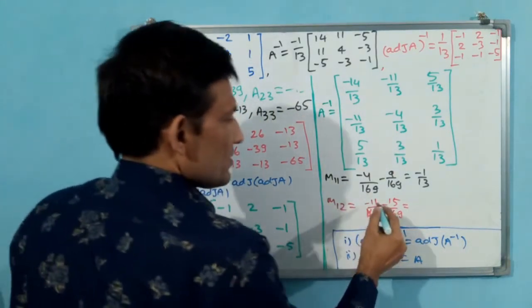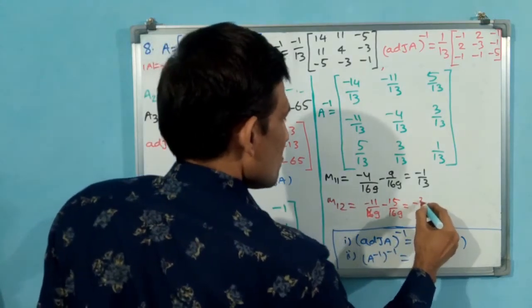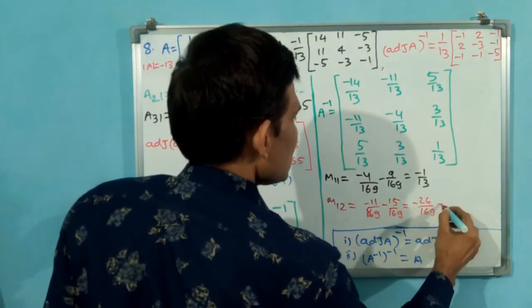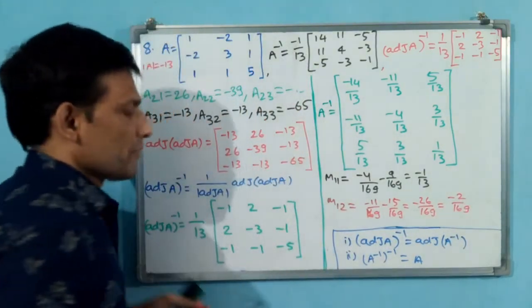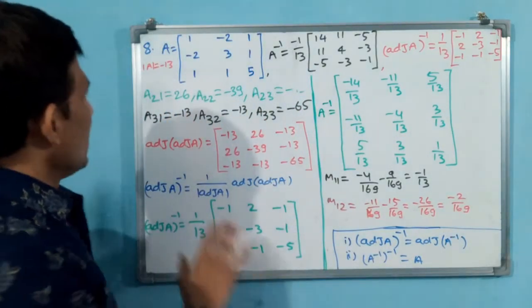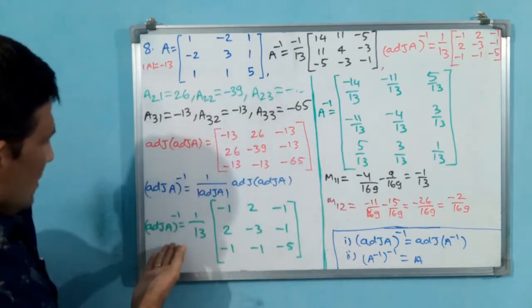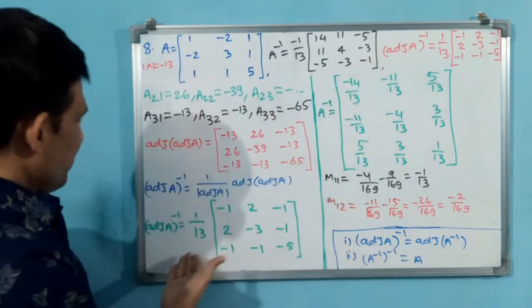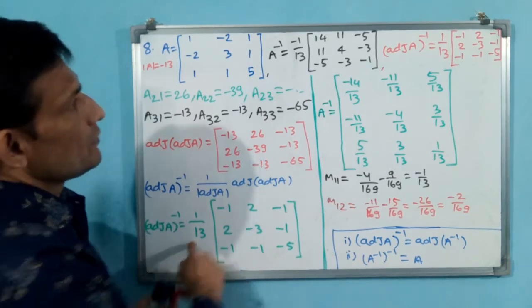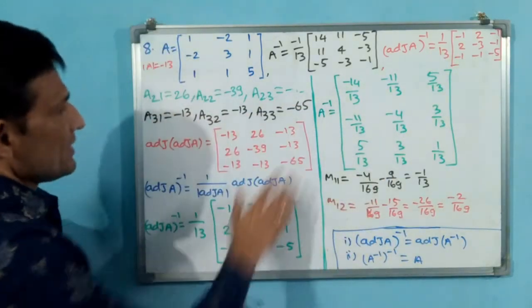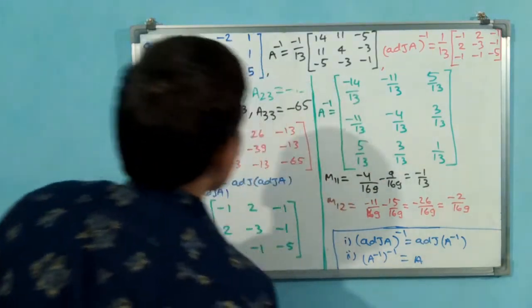That means minus 26 by 169, that is equal to 13 twos, minus 2 by 13. Now I am going to remove this, because adjoint A inverse we have copied here. We don't require this.